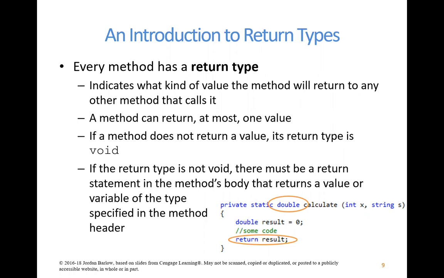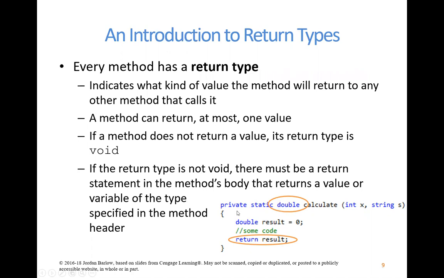Now we know what that means. Main is a static method, and it has no return value. If the return type is not void, then there must be a return statement in the method's body that returns a value or variable of the type specified in the method header. In this case, we're seeing an example of a method that has a return type of double.